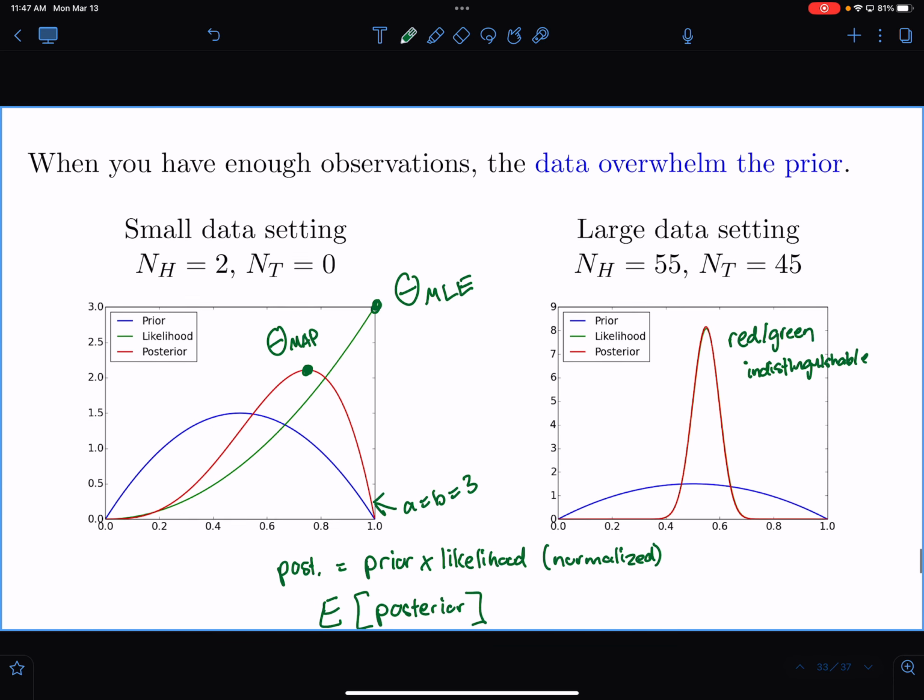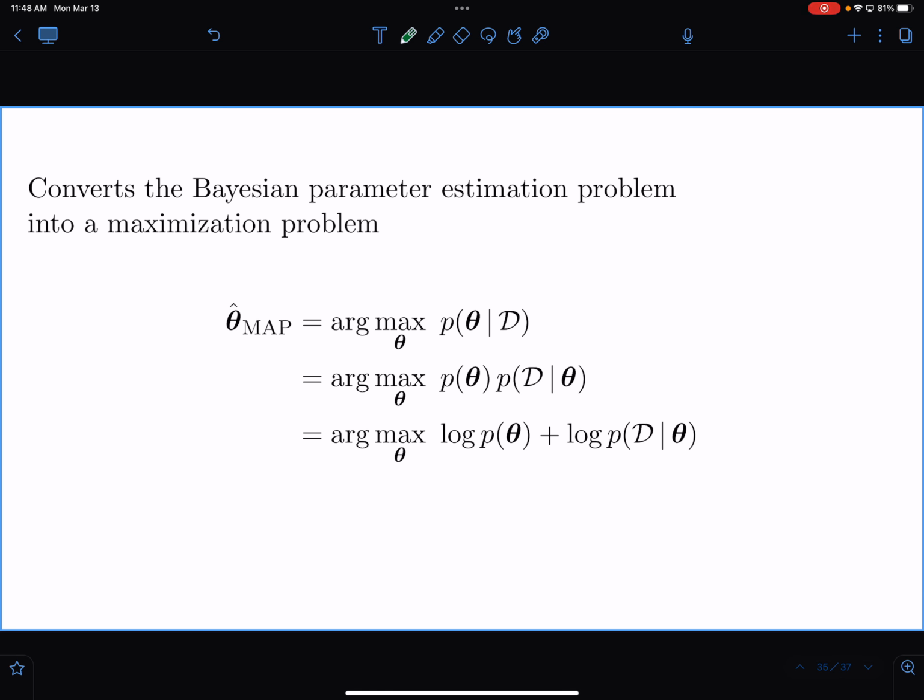Any questions here? Okay. So the idea of the MAP estimate is we're finding the most likely parameters under the posterior. So we're maximizing P of theta given D. And you can decompose this a little bit by writing this as the argmax of P of theta times P of data given theta.